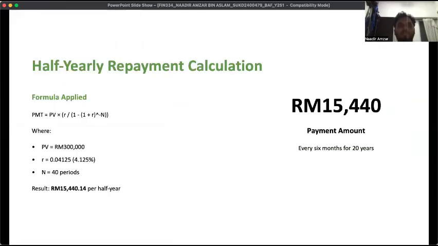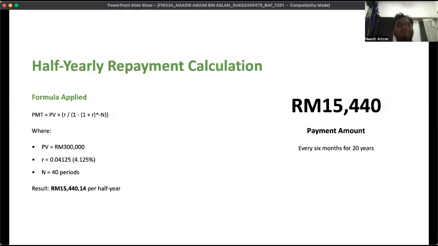So next slide, half-yearly repayment calculation. To calculate the half-yearly repayment, we use the financial formula, which is PMT = PV multiplied by R over 1 minus (1 plus R) to the power of negative N. PV is the loan amount, which is 300,000 ringgit Malaysia.